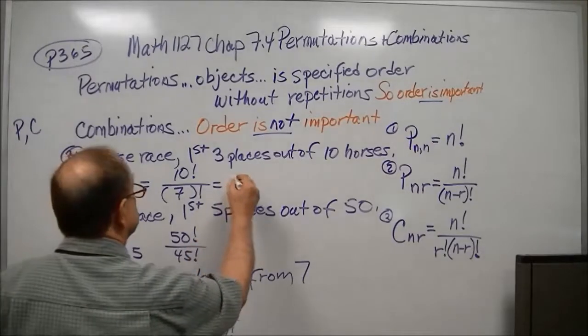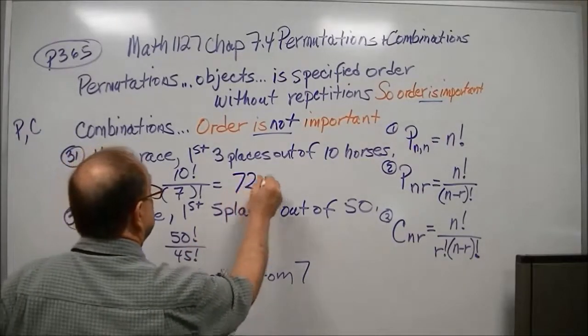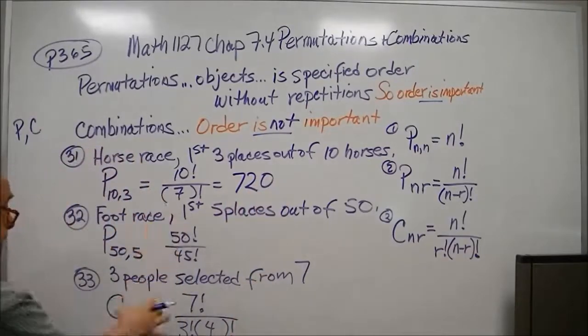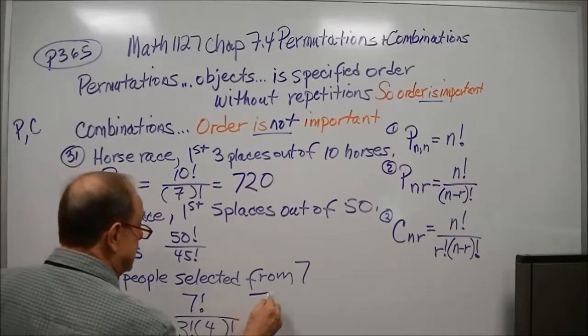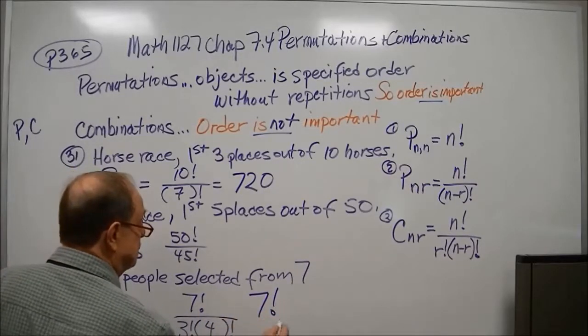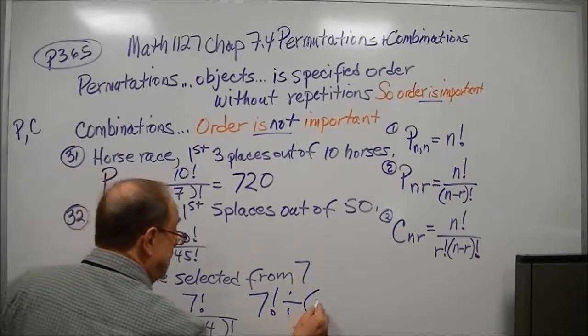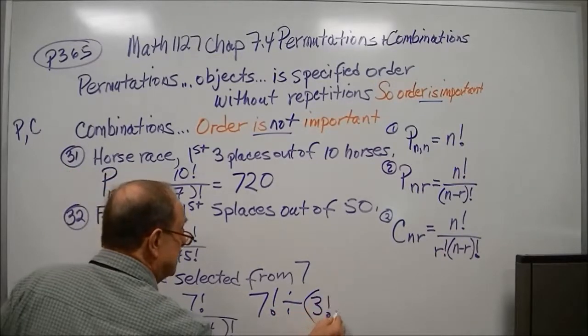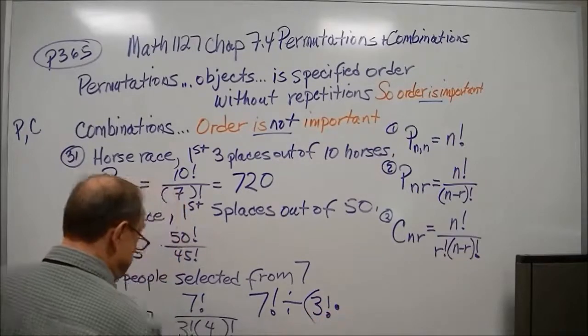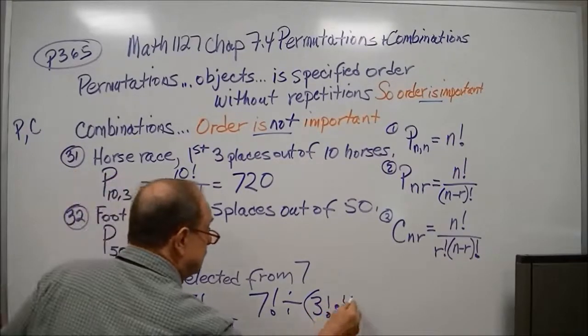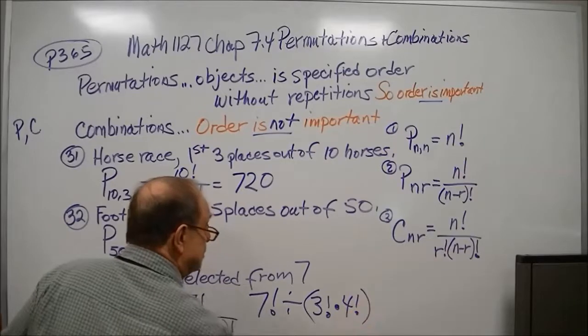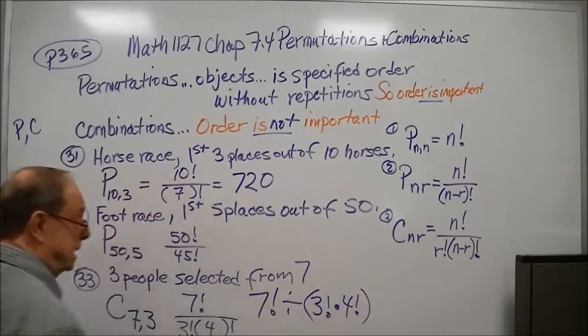So the answer to this one is 720. And these others are done in a similar way. When I put this into the calculator, I go 7 factorial divided by, I put a parenthesis, then 3 factorial times 4 factorial, parenthesis, and then I get my answer.